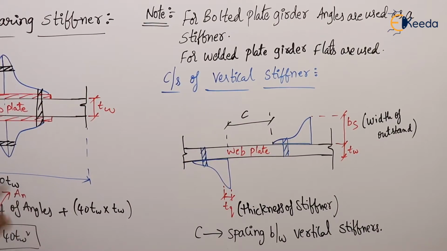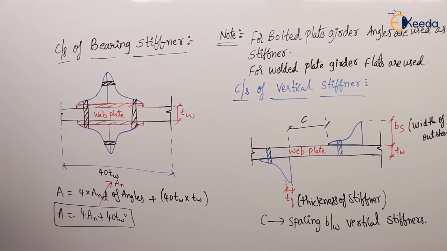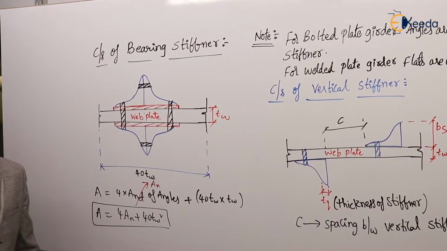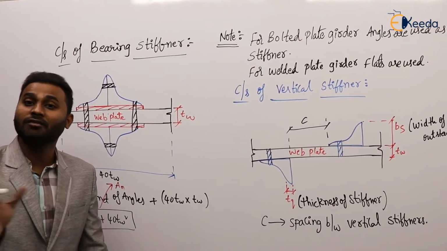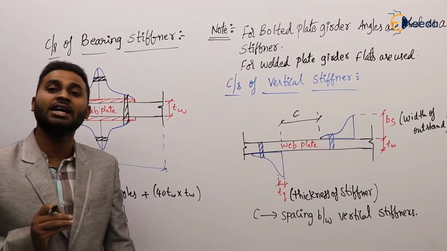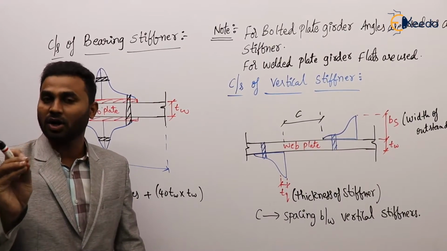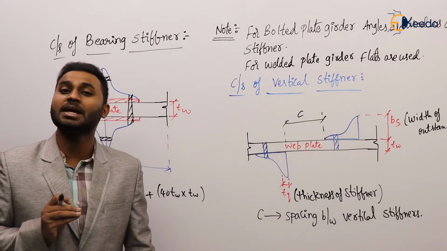And one more point in the design of bearing stiffener is we are going to design bearing stiffener by assuming them as an imaginary column. So what we have done in the case of web buckling and web crippling, there we design the web as an imaginary column. In the same way, bearing stiffeners are also designed by assuming them as an imaginary column.